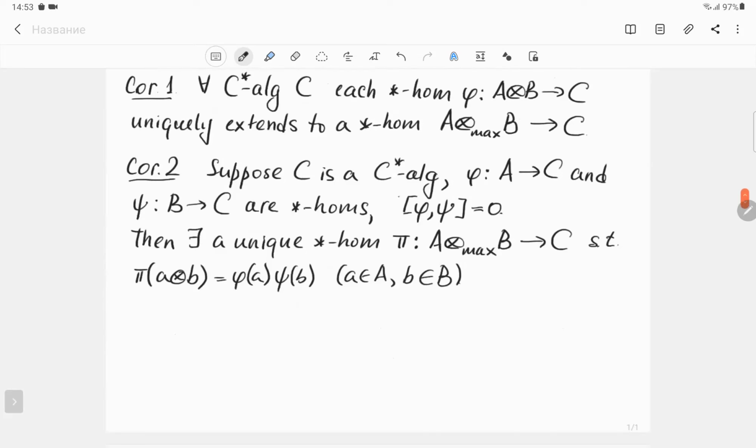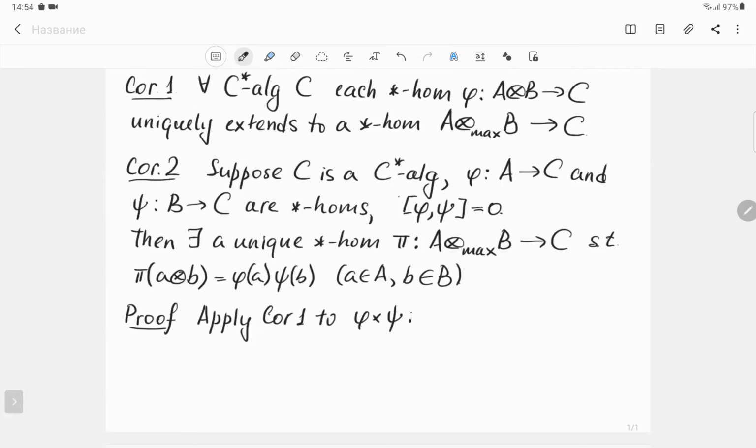So to prove this corollary, it's enough to apply corollary 1 to the homomorphism, which was denoted in the previous lecture like this, phi cross psi.